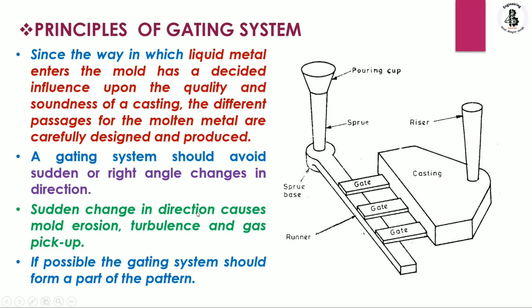Sudden changes in direction cause mold erosion, turbulence, and gas pickup. Indirectly that reduces the quality of the gating system as well as the casting products. So if possible, the gating system should form a part of the pattern. If the pattern looks like this kind of shape, you will get better results, or you can say you will get a sound cast.